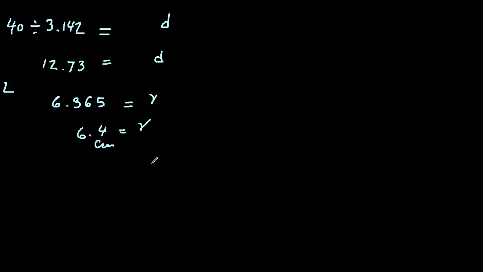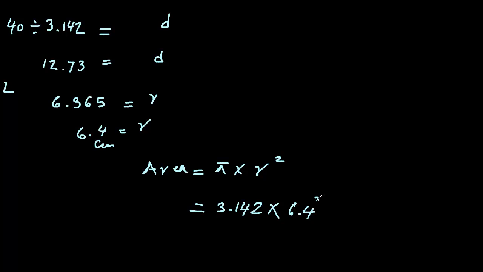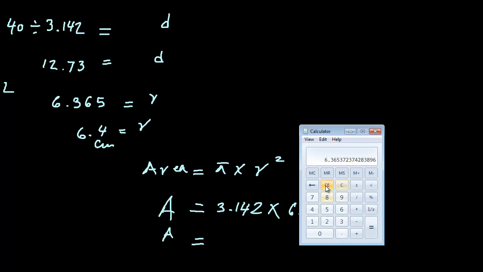Now I need to apply the area formula to find the area of the circle. Area is pi times radius squared, so it's 3.142 times 6.4 squared. I should square first.